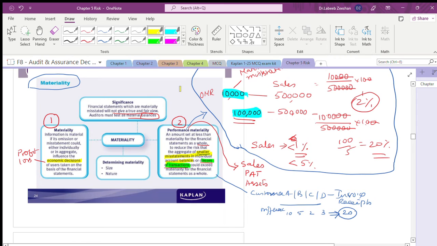In terms of revenue, profit after taxes, assets, inventory, receivables. These are the things where we have to be very clear in terms of performance. What is the performance materiality about individuals?